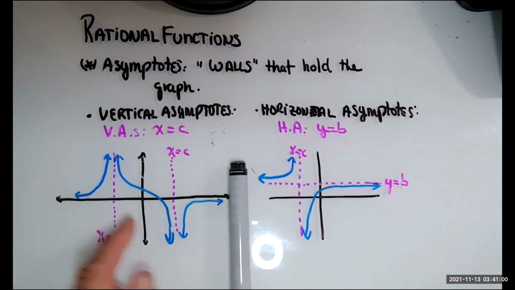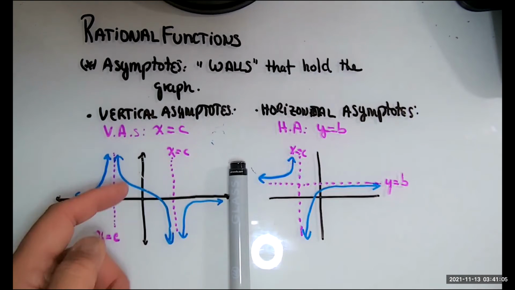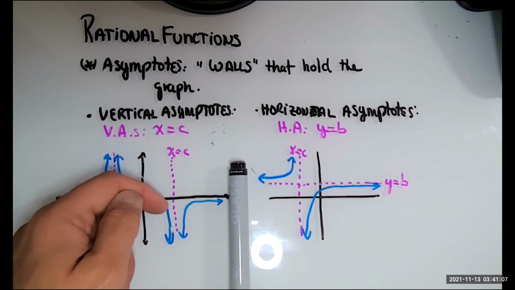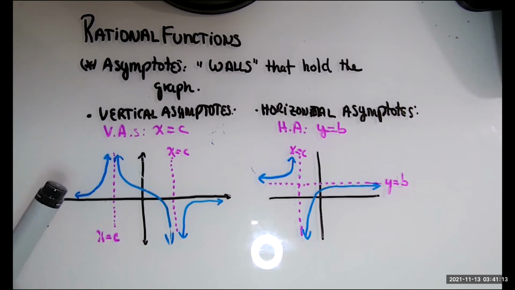So as I get closer to, let's say, x equals 4, the function continues going to negative infinity. That's what the vertical asymptote means: the closer I get to a particular number, the function goes either to positive infinity or negative infinity.